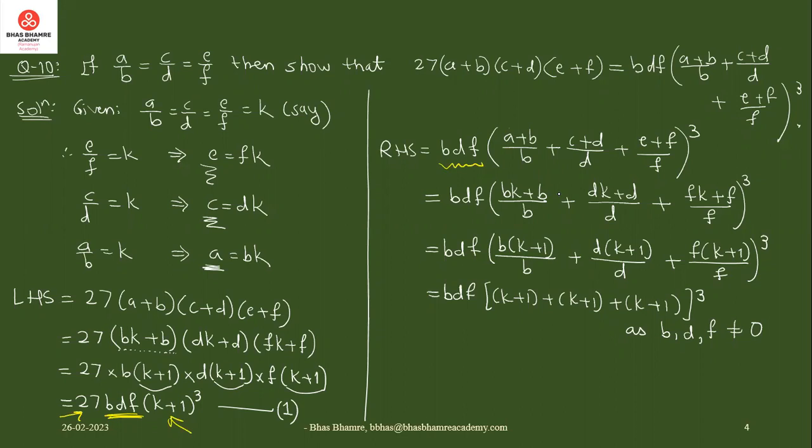Okay. So we have here BDF into, in bracket, thrice of (K plus 1), the whole cube. K plus 1, K plus 1, K plus 1, three times addition. So we have thrice of (K plus 1), the whole cube.